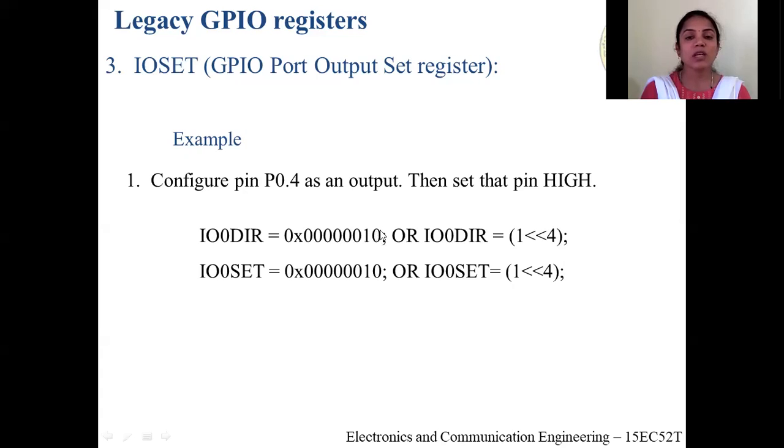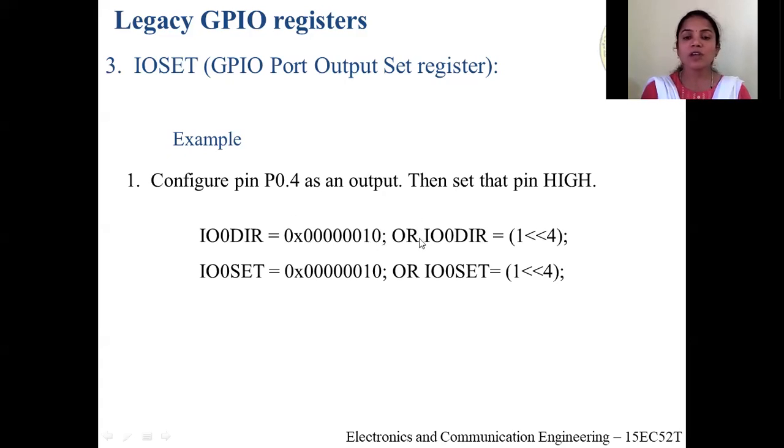So 0 to 3 are all zeros, and 4 to 7 is 0001. In the fourth position of the 32 bits we have to set 1, and that hexadecimal value will be equal to 1, that is 0001. That is how we set the fourth pin of port 0 as an output pin by using IO0DIR. This is one way.